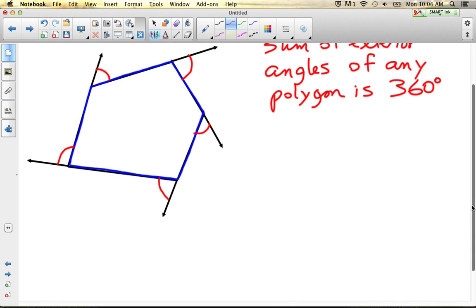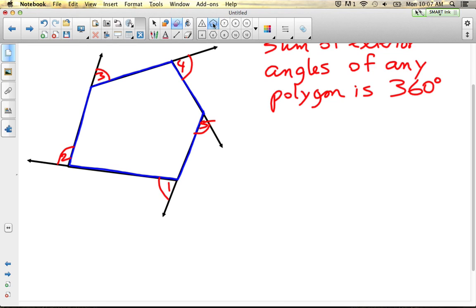So that means that angle 1 plus angle 2 plus angle 3 plus angle 4 plus angle 5 plus angle 6 plus angle 7 plus however many angles you have on the exterior side is always going to have to sum up to 360. And that's pretty much it.